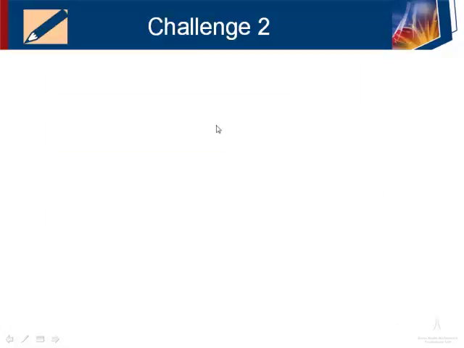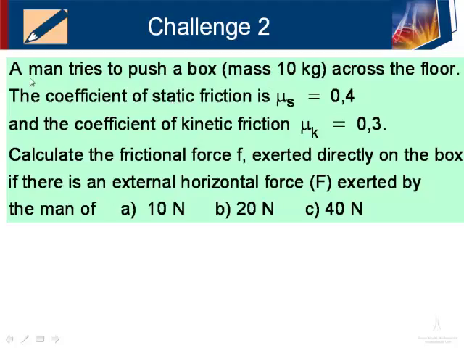We're now going to do an example involving coefficients of friction. Challenge number 2. A man tries to push a box which has a mass of 10 kilograms across the floor. The coefficient of static friction, represented by this symbol, equals 0,4, and the coefficient of kinetic friction equals 0,3.